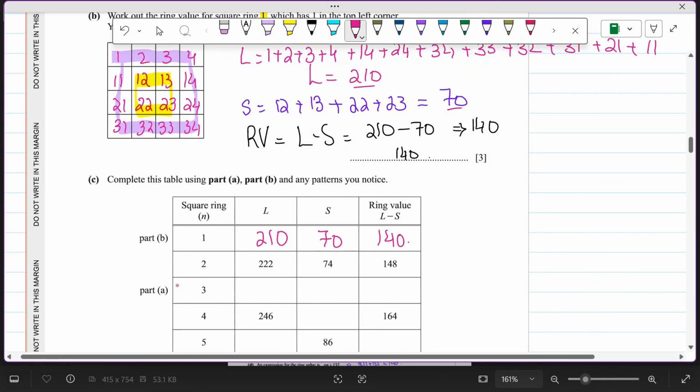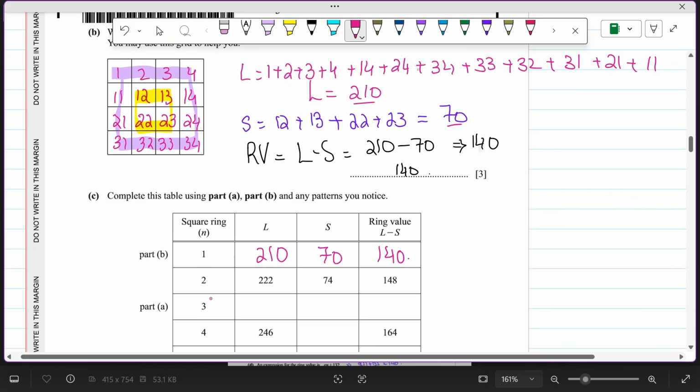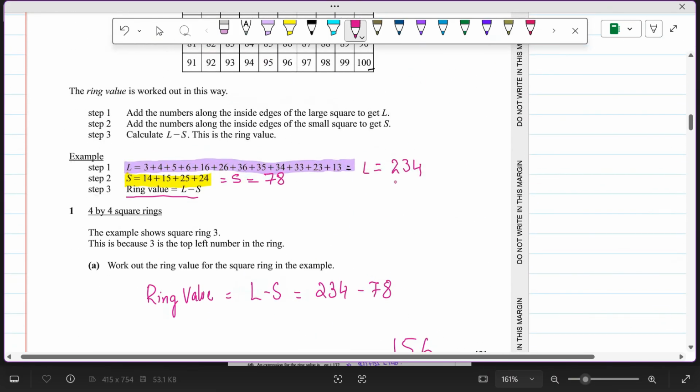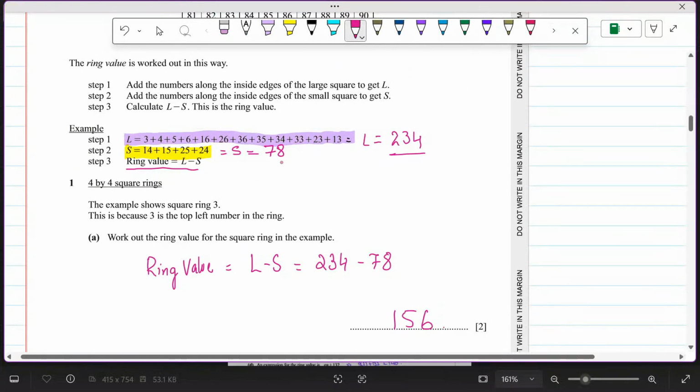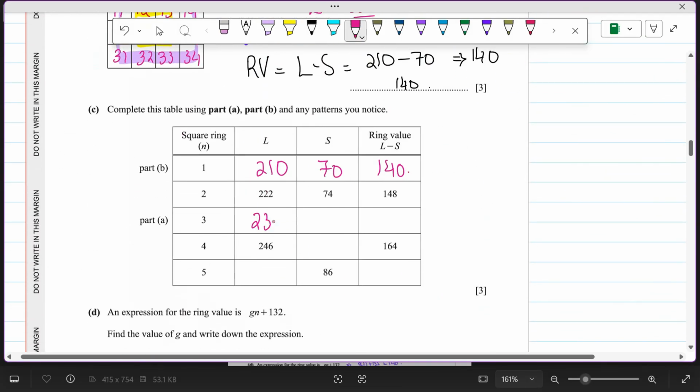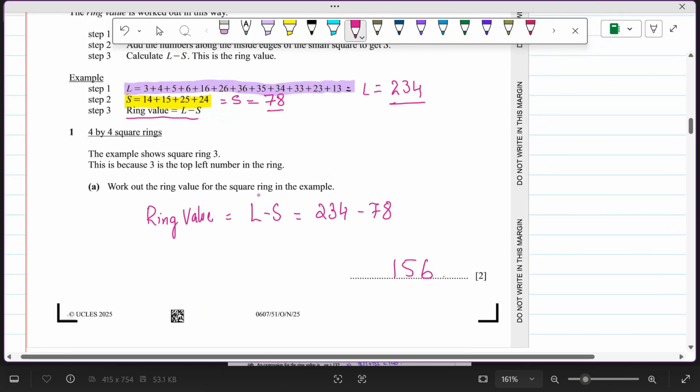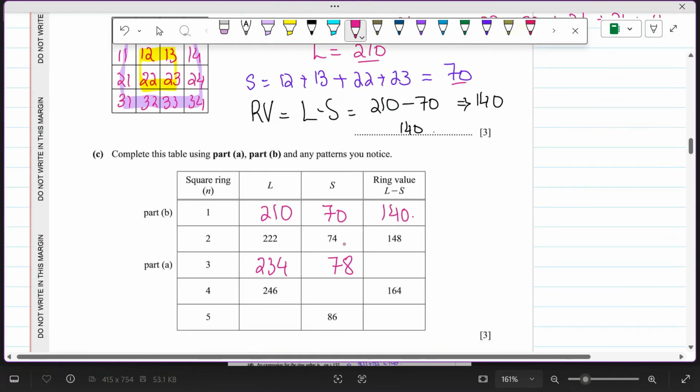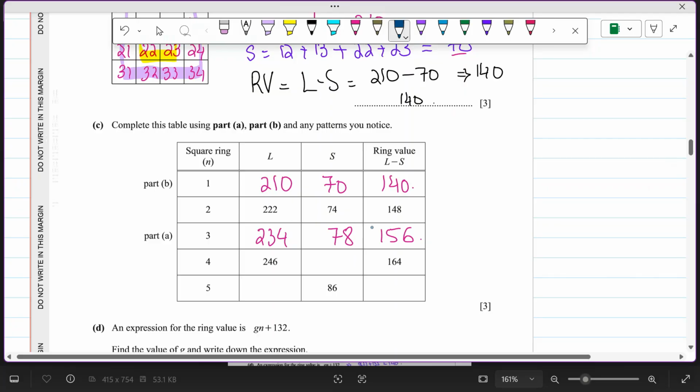And from part A we just calculated square ring 3, which has L 234 and S is 78. And the ring value was 156. Now we need to complete this table.